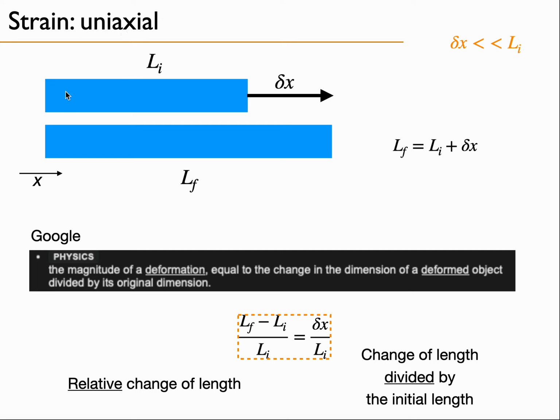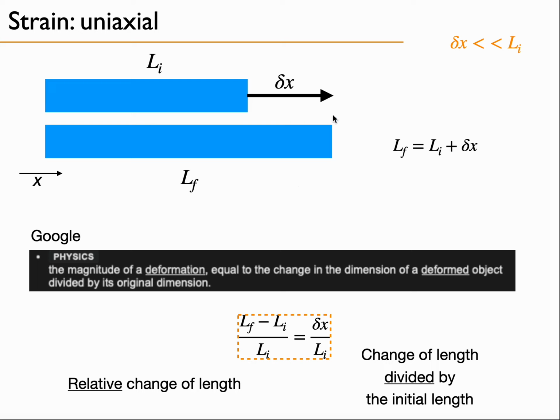So there's going to be one bar here. It has an original length Li and a final length Lf. So it is stretched by delta x at the edge here, such that the final length is Lf, and it is equal to Li plus delta x. So we are going to stretch the bar here.